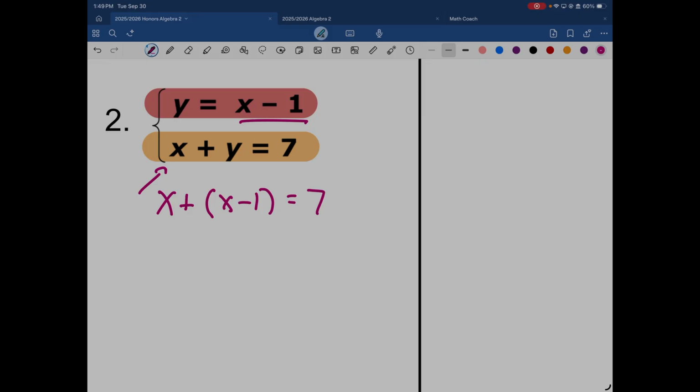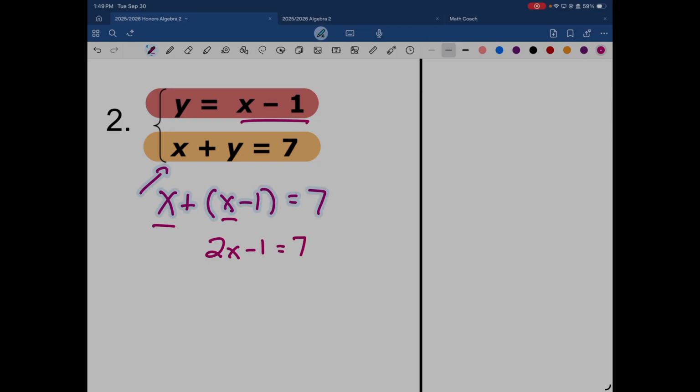At this point, always just make sure you only have one variable, just have x. Are the parentheses really needed in there? Not really. What's x plus x? 2x. So 2x minus 1 equals 7. Add 1. 2x equals 8. Divide both sides by 2. x is equal to 4.